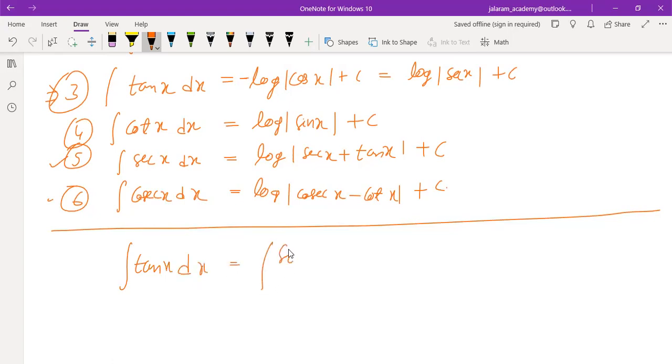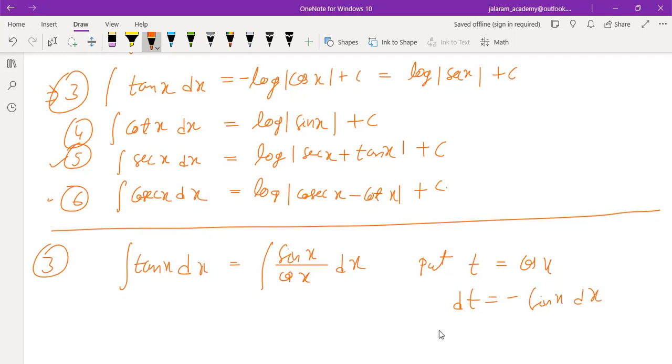Using the substitution method. First write it as sin x by cos x. Now put t equals cos x. So dt equals minus sin x dx. In the numerator, we observe that sin x dx is already there, so it will be replaced by minus dt.